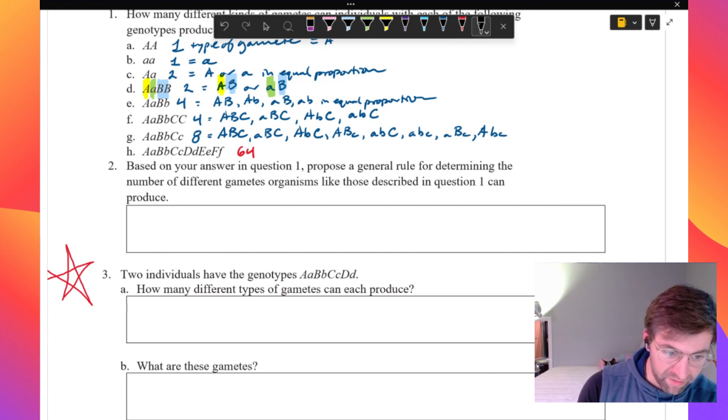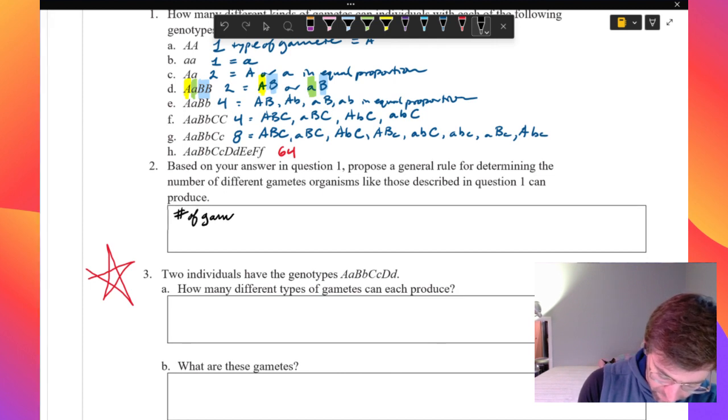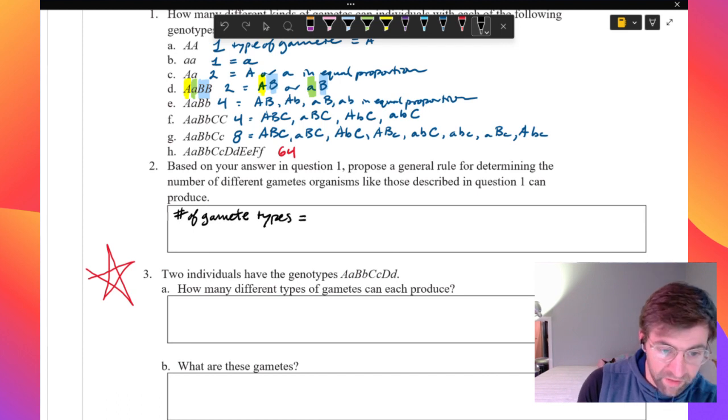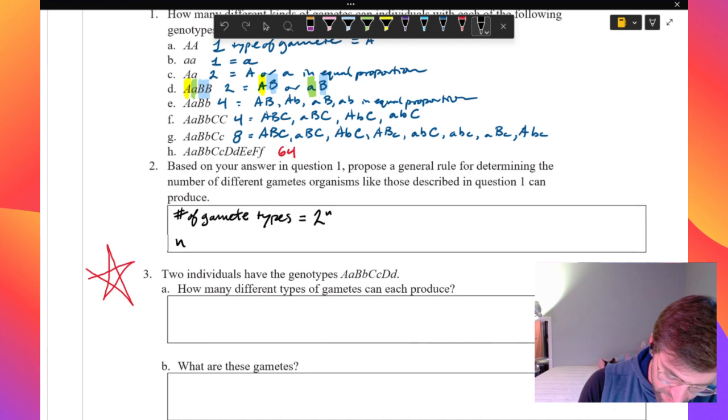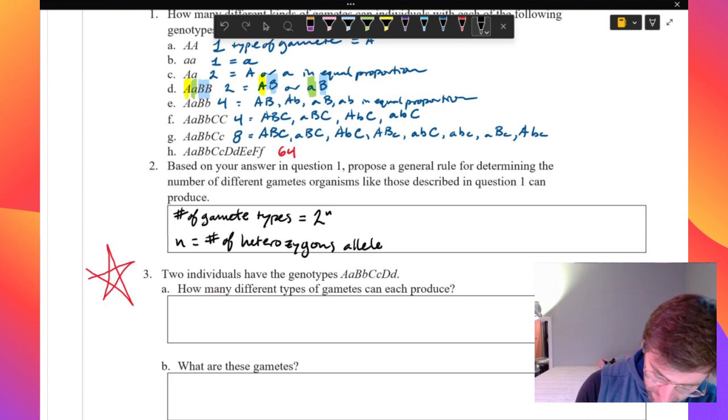And it's simply the number of gamete types equals 2 to the power of n, where n equals the number of heterozygous alleles.